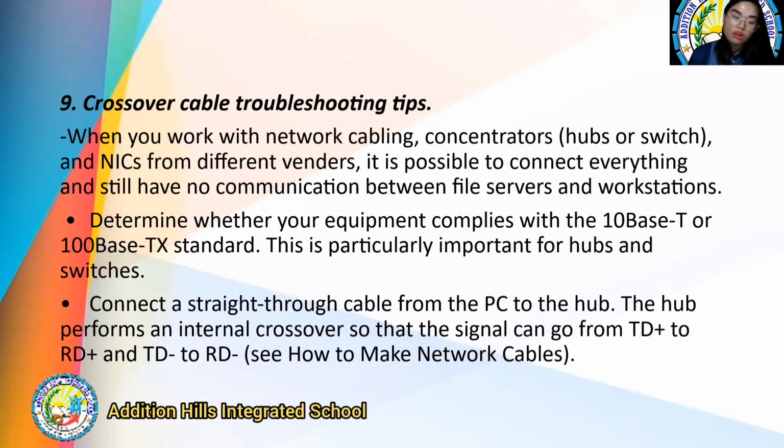Next, connect a straight-through cable from the PC to the hub. The hub performs an internal crossover so that the signal can go from TD plus to RD plus and TD negative to RD negative. See how to make the network cable.